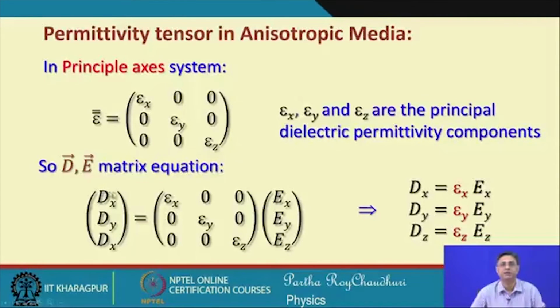So, simply they will relate themselves in this way, that dx is equal to epsilon x Ex, dy equal to epsilon y Ey and so on.